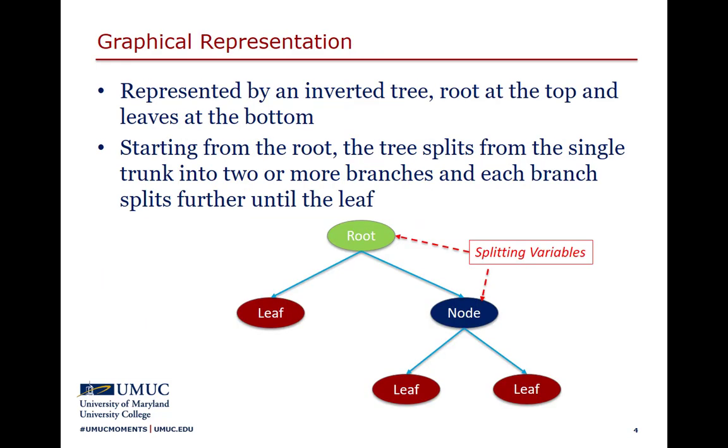So here is the representation of a decision tree in graphical form. It is represented as an inverted tree, where you have the root node at the top of the tree, and the leaf nodes, where the actual decisions are made, at the bottom.